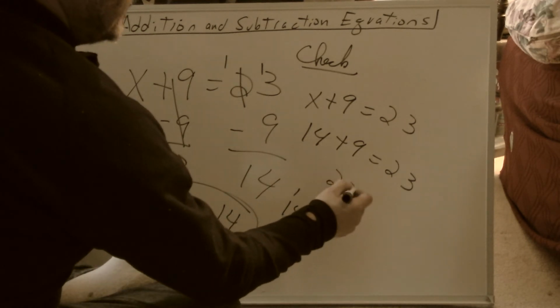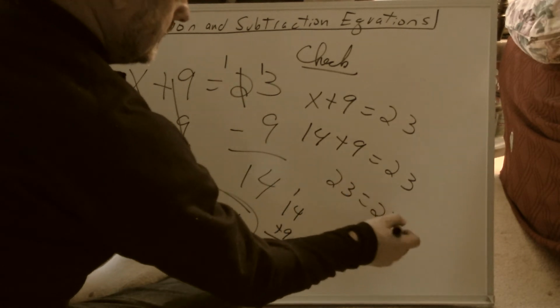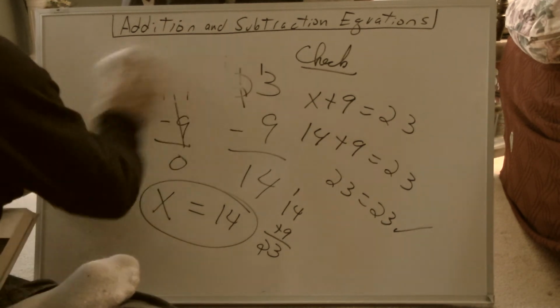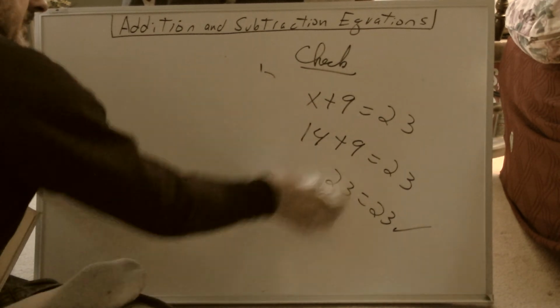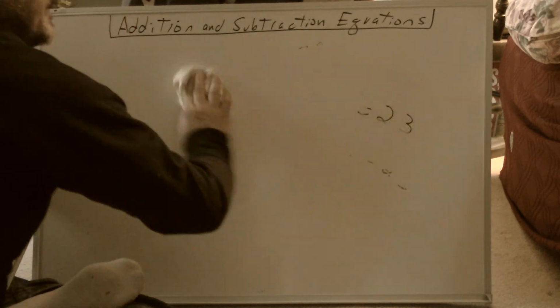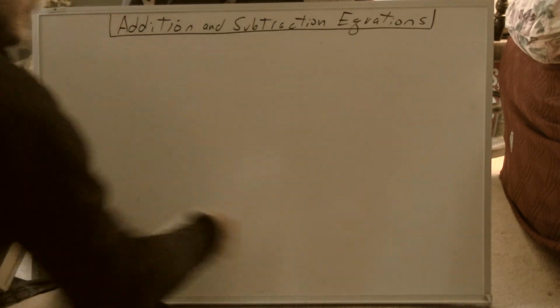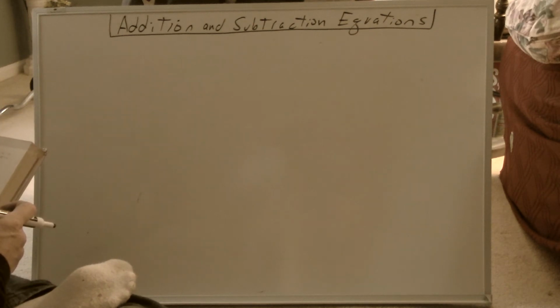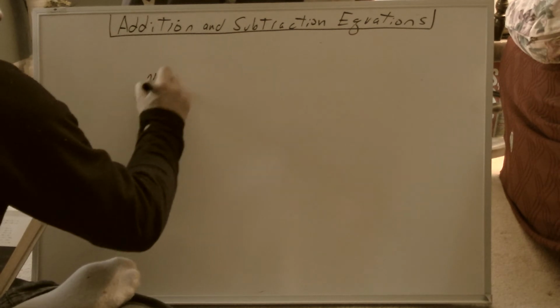So, 23 is 23. That's correct. All right? Now, as I'm doing these, I remind you in every video, but I'm going to keep reminding you. You can stop the video, do the problem, and then see if you did it correctly after you watch how I did it.